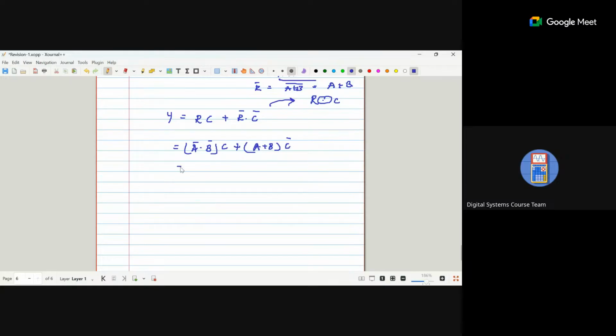Okay. So now here this is also an AND gate, this is also an AND gate. So this will become A bar B bar and C. This is fine. But when you have an OR and then an AND, we will perform the distributive law.